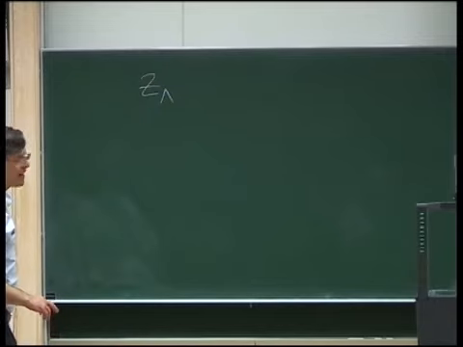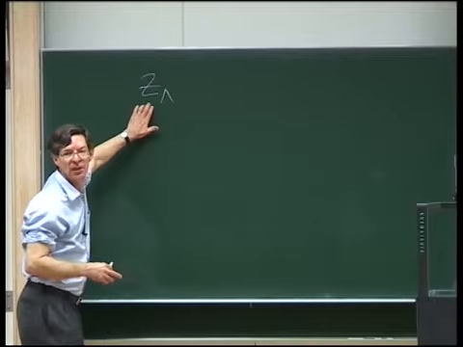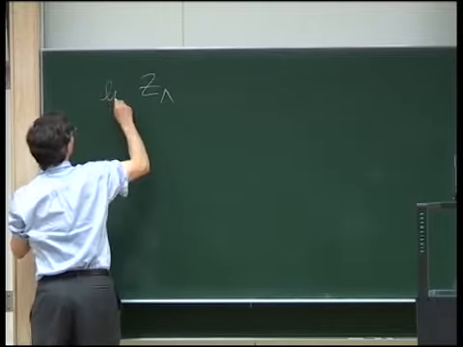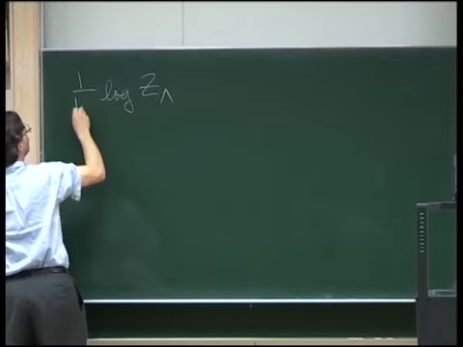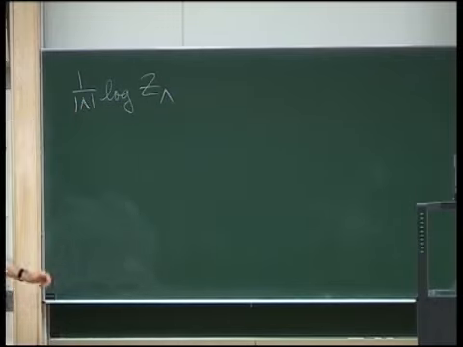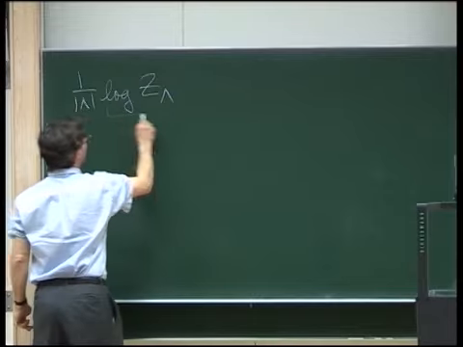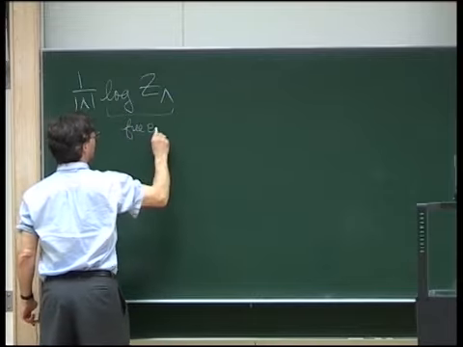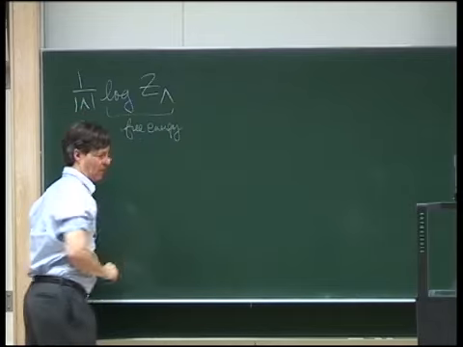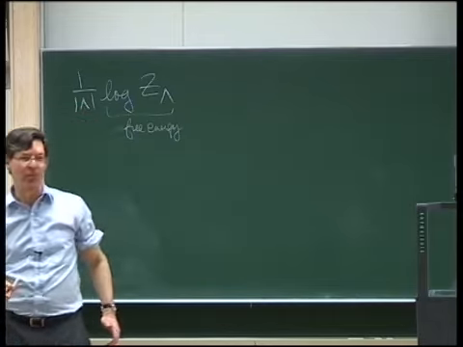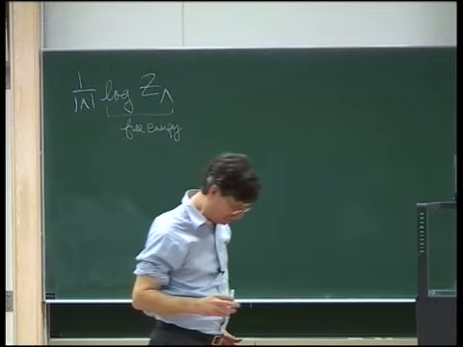And the correct statement, as Roman anticipated, is that the partition functions don't converge. What converges is 1 over volume times the log of the partition function. The log of the partition function is what we call a free energy. Roman had, I think, a -1 over beta, but I will take the convention that beta equals 1.